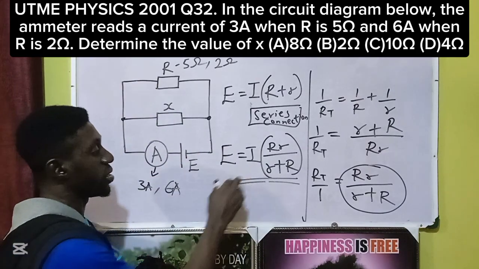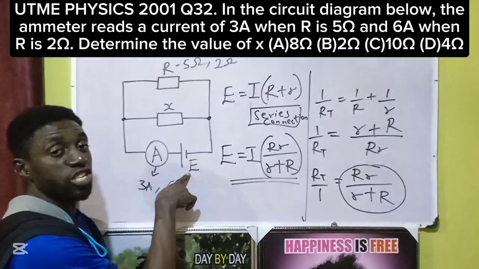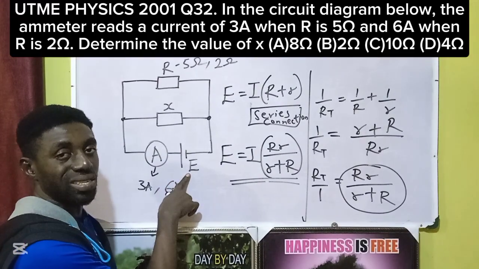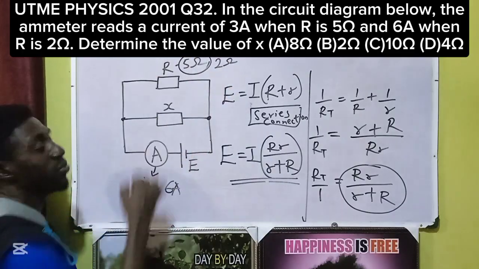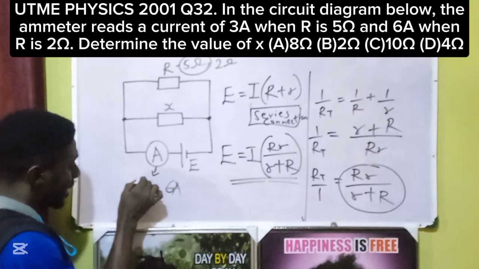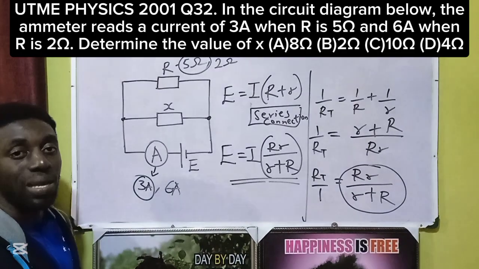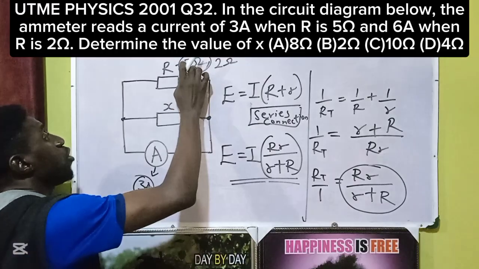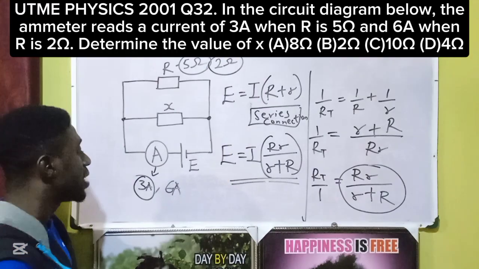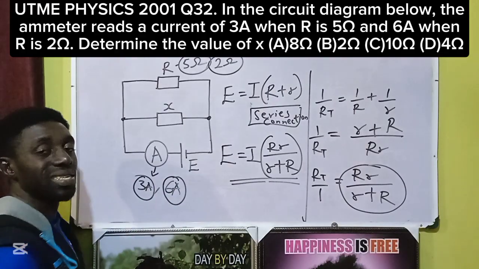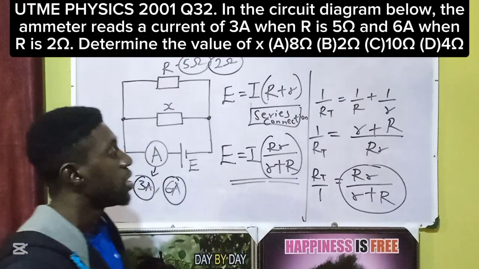Then also notice, since the EMF never changed in these experiments, in the first experiment we had 5 ohms resistance and 3 amperes. In the second experiment, the 5 ohms was replaced with 2 ohms resistance, and the reading changed to 6 amperes of current.